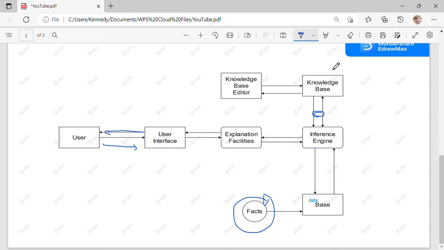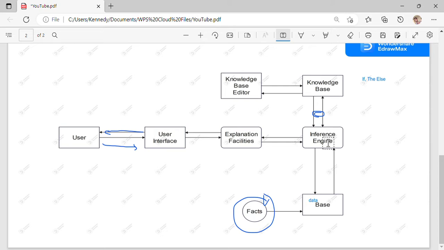Because here we store some information in the form of if, then, or else. So the system will act like, if you are suffering from this, then conclude this result. What it does is send back what it thinks to be the truth or the actual answer. It sends back to the inference engine.